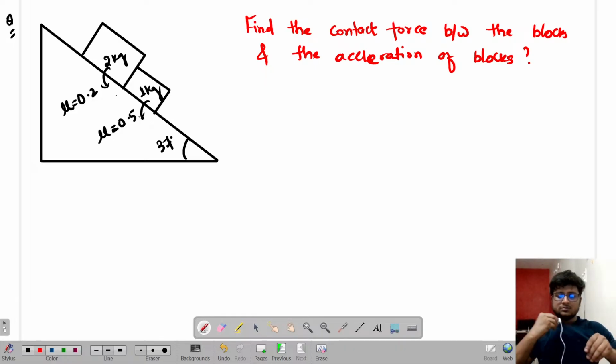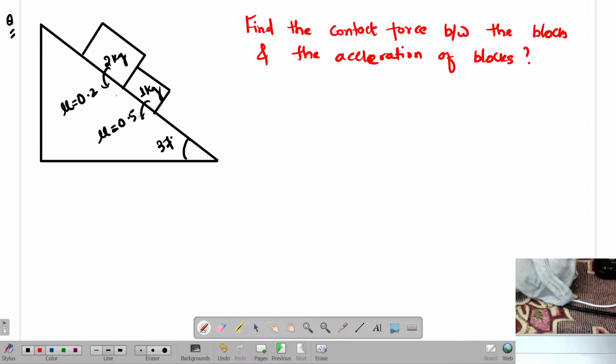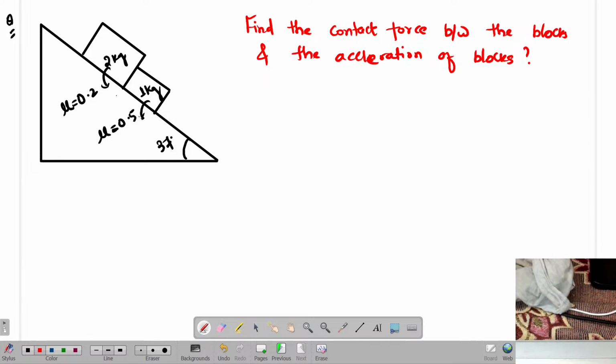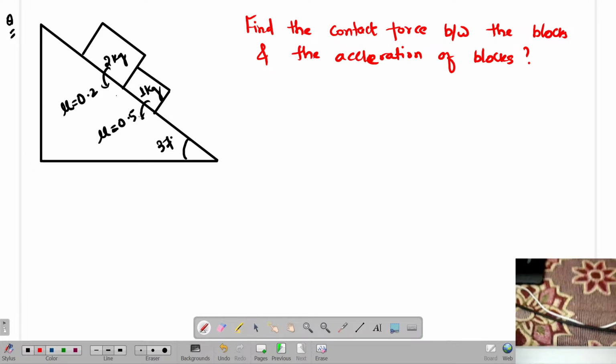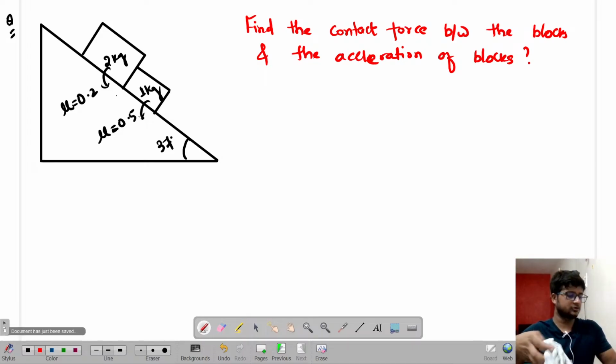One minute. Try to do this question. Try to do this question fast.